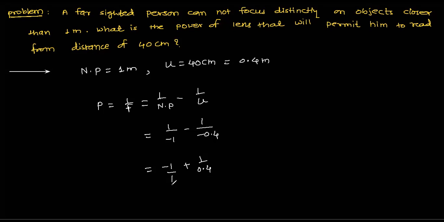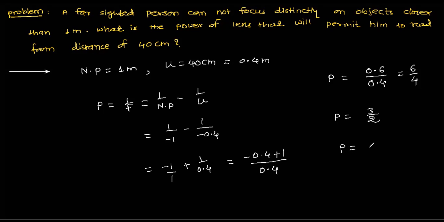So minus 0.4 plus 1 divided by 0.4. Therefore, power P is equal to 0.6 by 0.4, which is nothing but 6 by 4, and therefore power P is equal to 3 by 2. And hence, power is equal to 1.5 diopter.